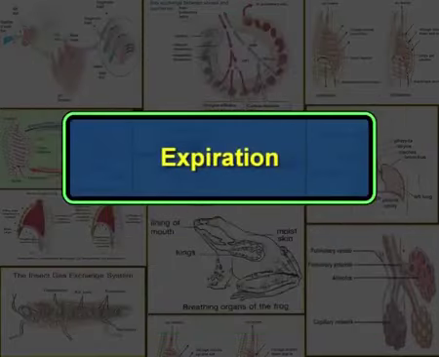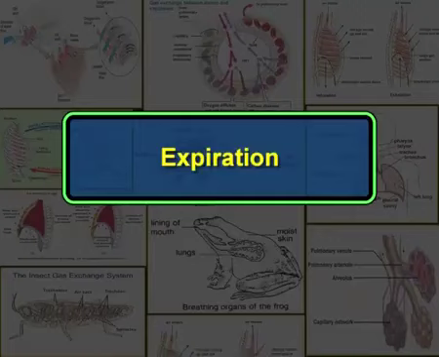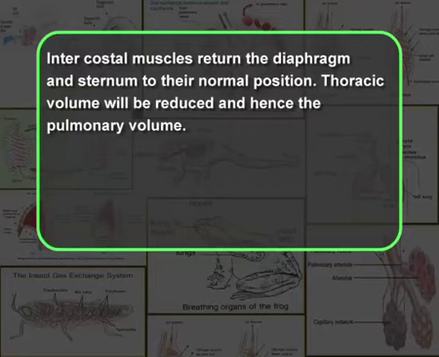Now, I will explain expiration. Just notice that the steps are just the reverse of inspiration. Here the diaphragm will be relaxed. Intercostal muscles return the diaphragm and sternum to their normal position.